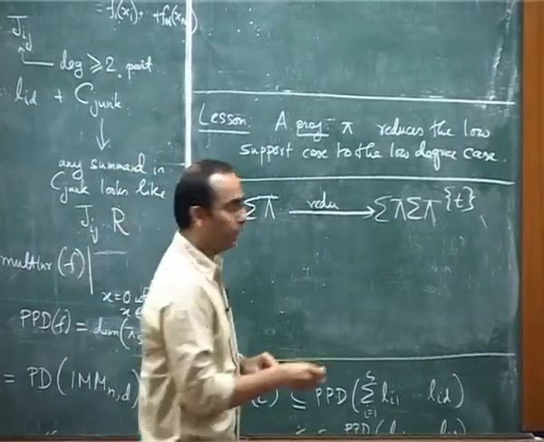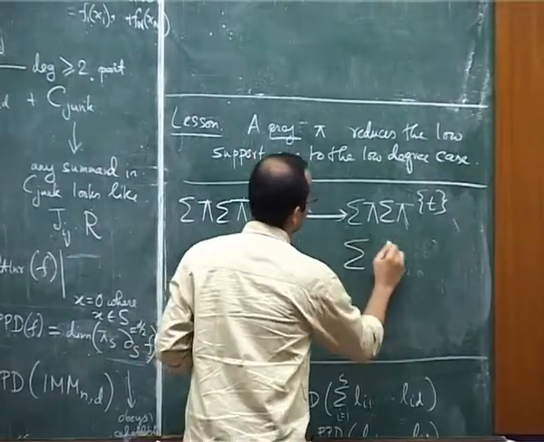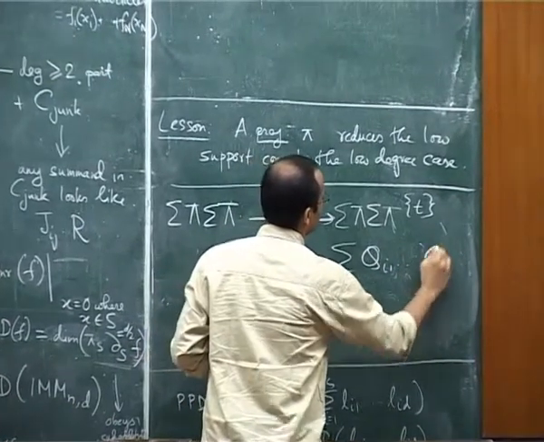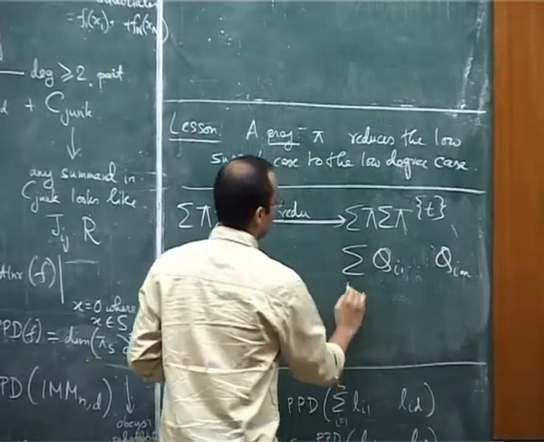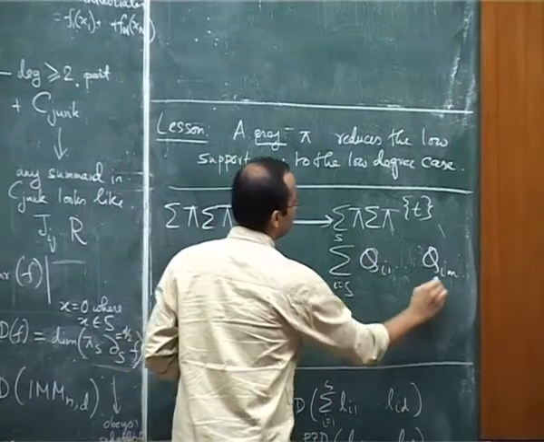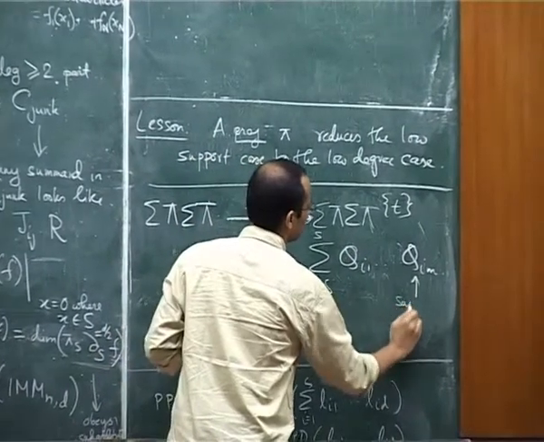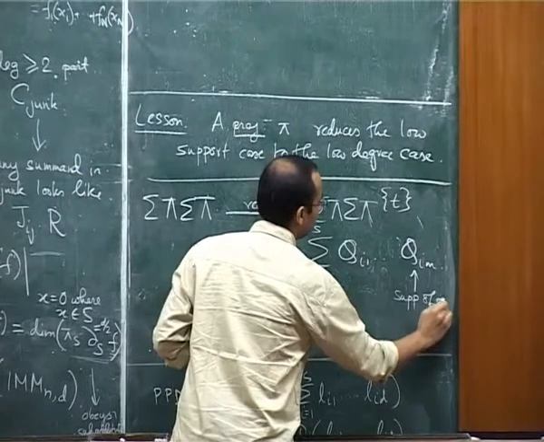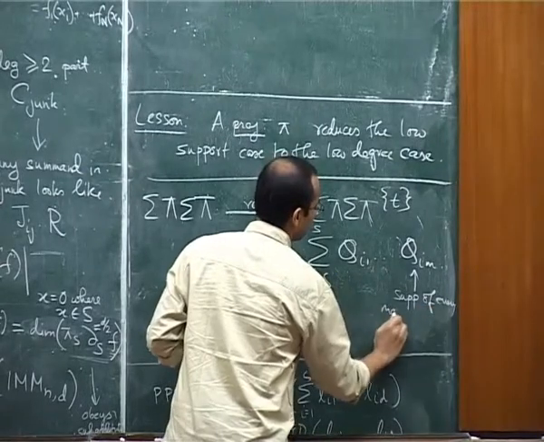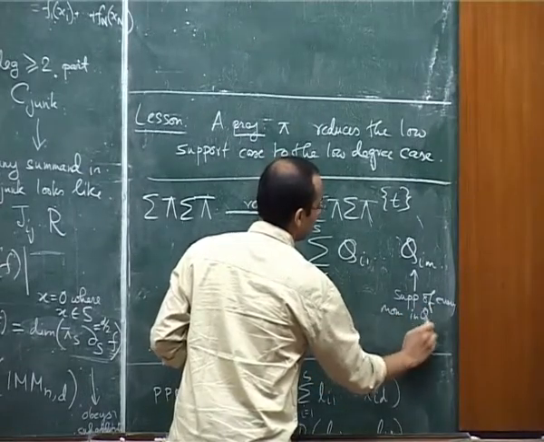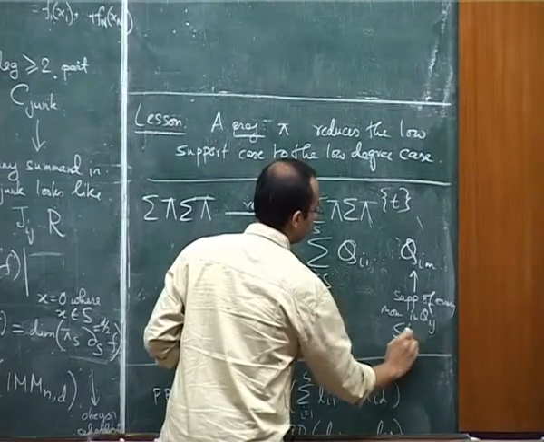Is the thing clear? It's basically a sum of something like this, but the support of every monomial in Qij is less or equal to T.